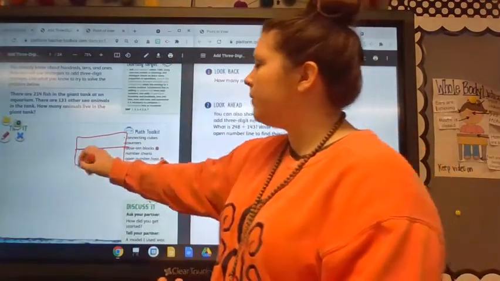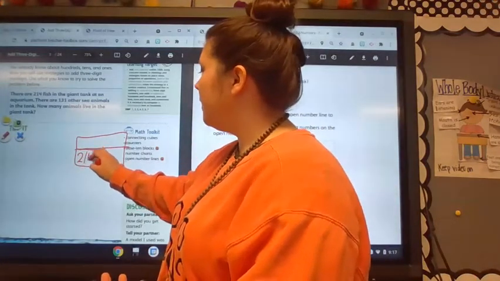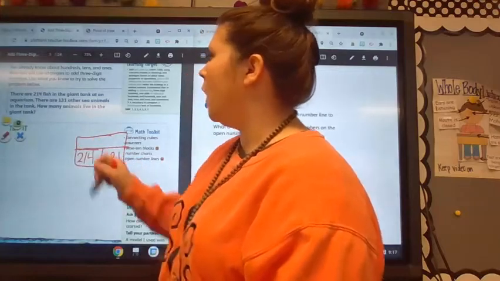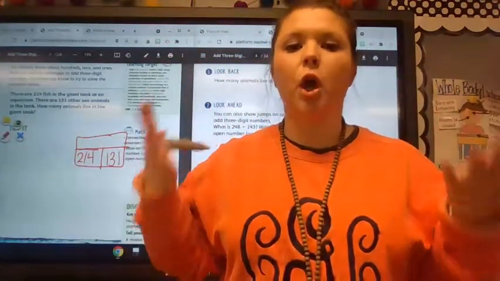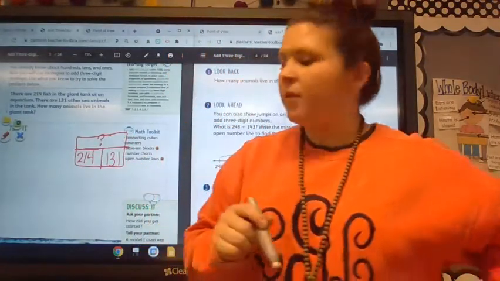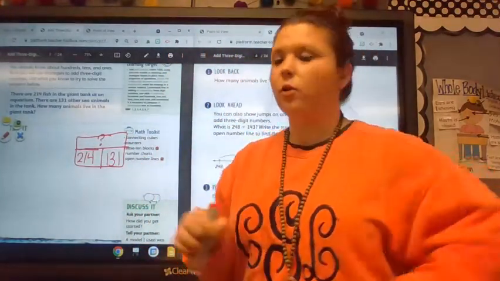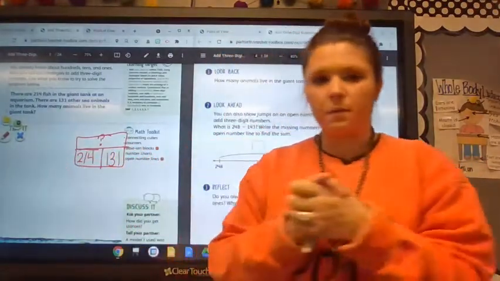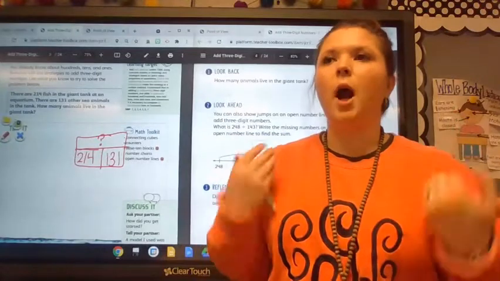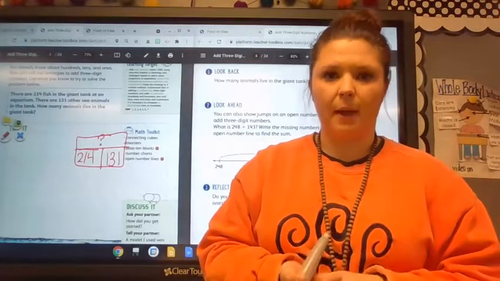There are 214 fish in the tank, and there are 131. We're looking for the total. How many animals total live in the tank? That's the part that we don't know. So when we're trying to find a total and they give us the two parts, okay, when we want to find a larger total, what operation do we use to find that?